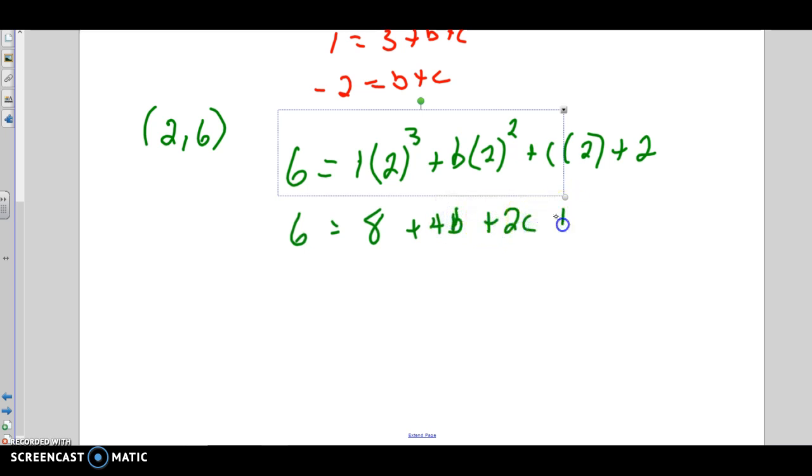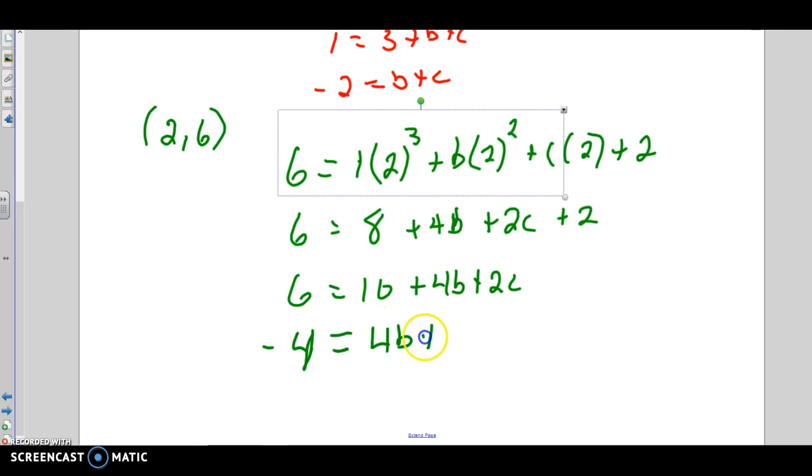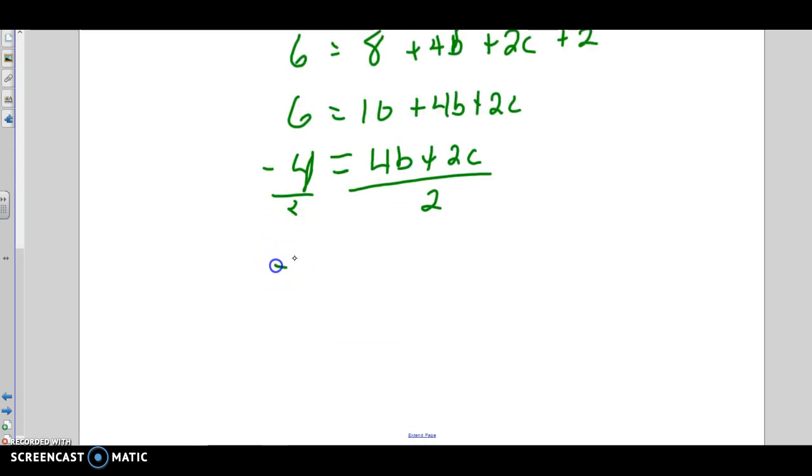Multiplying that out and simplifying, subtracting 10 from both sides. I notice they're all even numbers, so I can divide both sides by 2. So I have -2 equals 2b plus c.